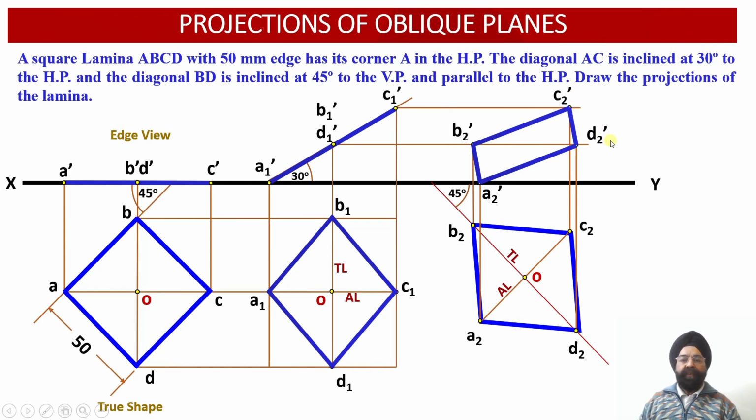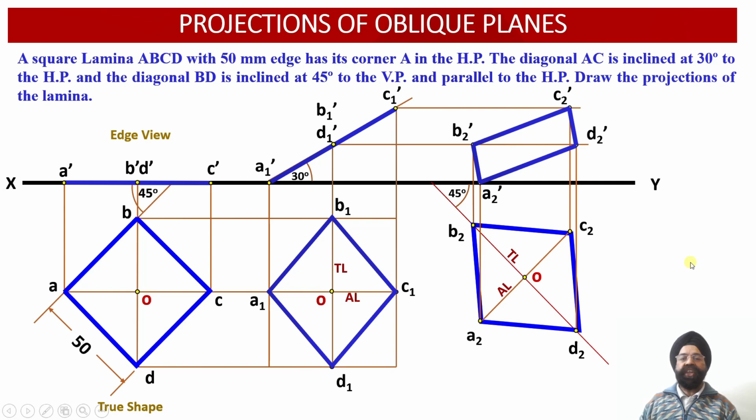So this way we have obtained the front view projections and the top view projections of this oblique lamina. This oblique lamina is inclined with respect to the horizontal plane at an angle of 30 degree, and the diagonal BD of this lamina is inclined with respect to the vertical plane at an angle of 45 degree.